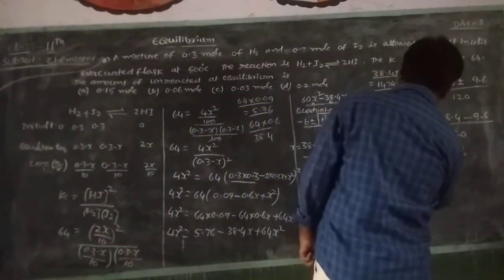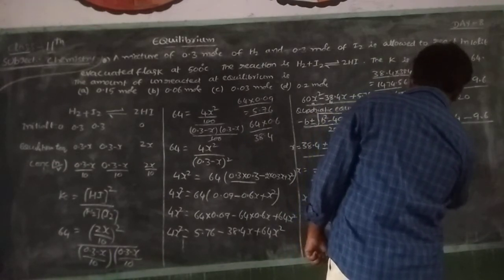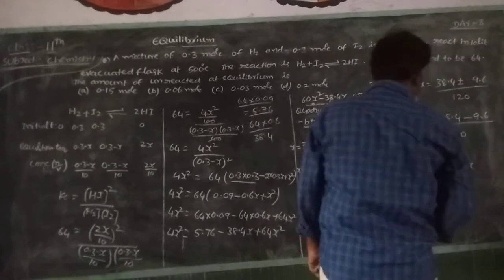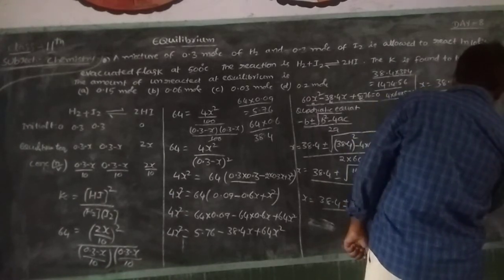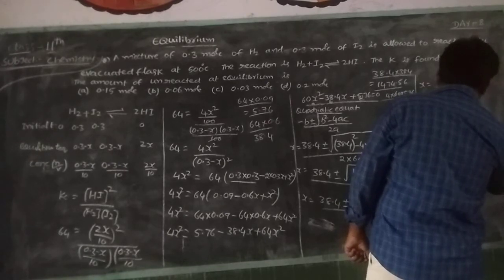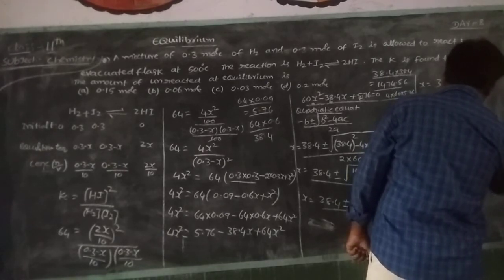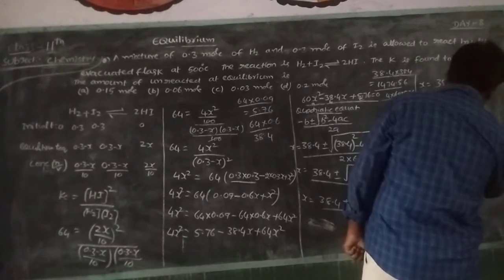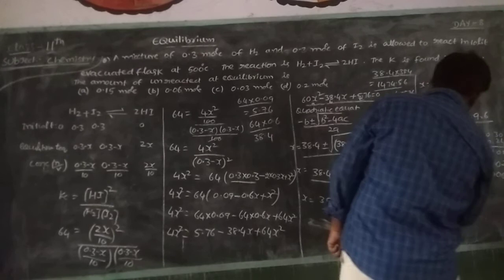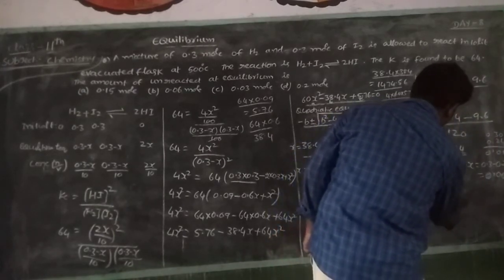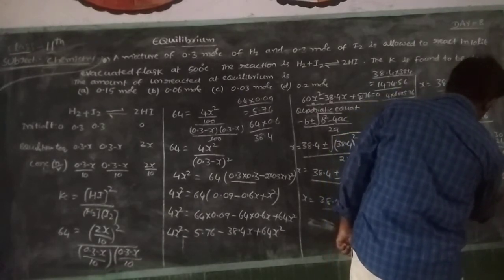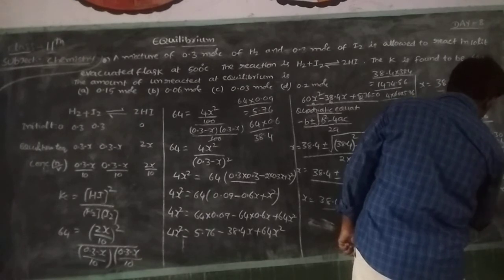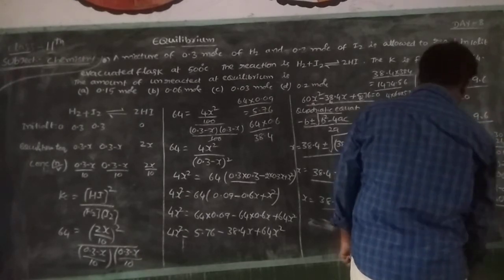H2 is 0.3 minus X, and I2 is 0.3 minus X, so 0.3 minus 0.24, that is equal to 0.06.